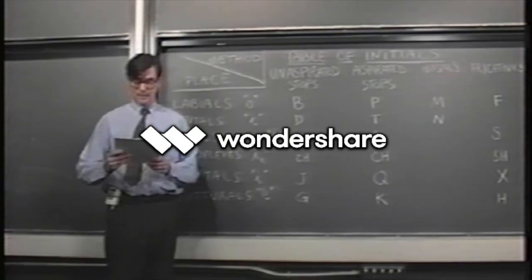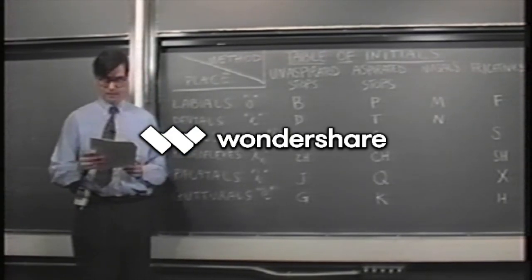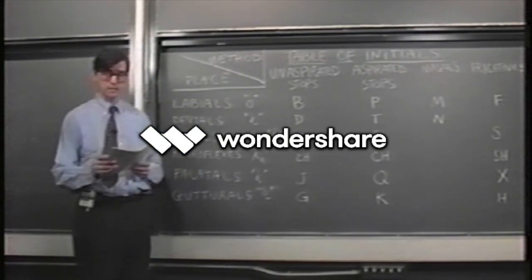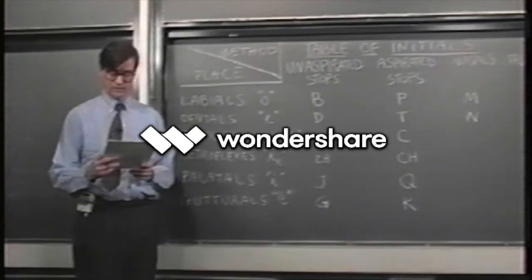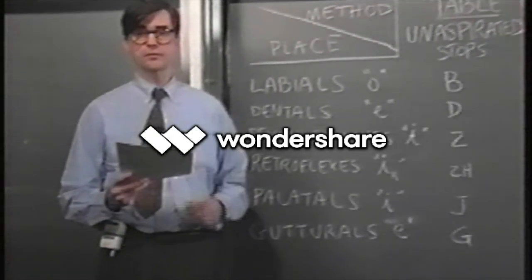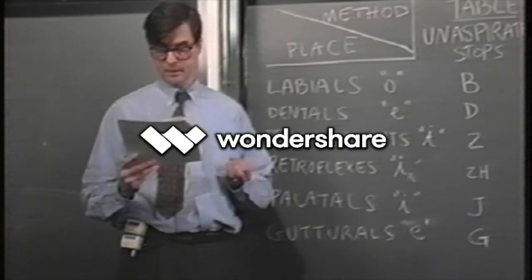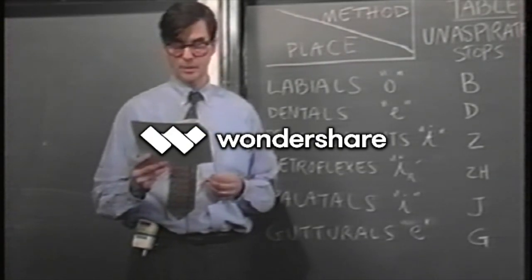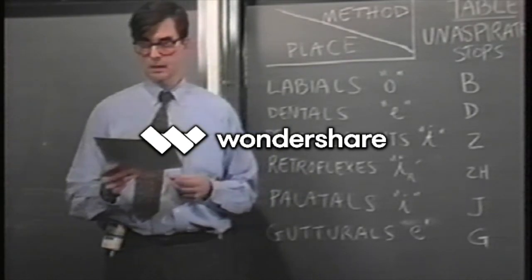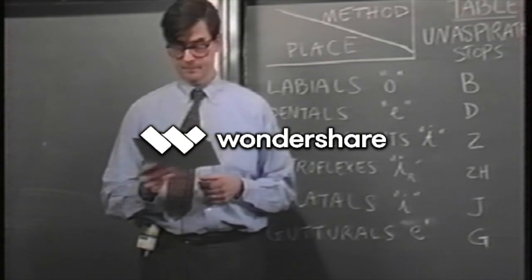To help articulate the correct pronunciation of palatals and to assist in distinguishing palatals from retroflexes, it's very useful to remember one fact. Palatals are always followed by a sound like the first vowel in the English word even.